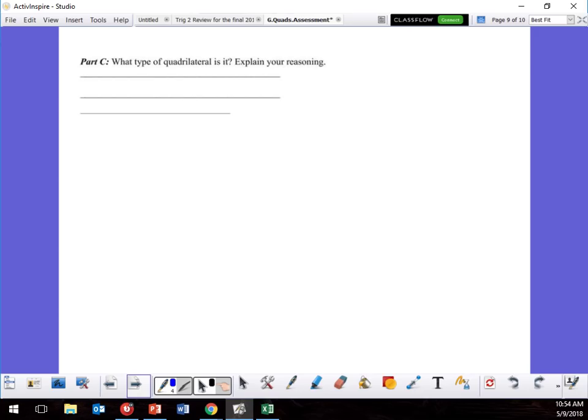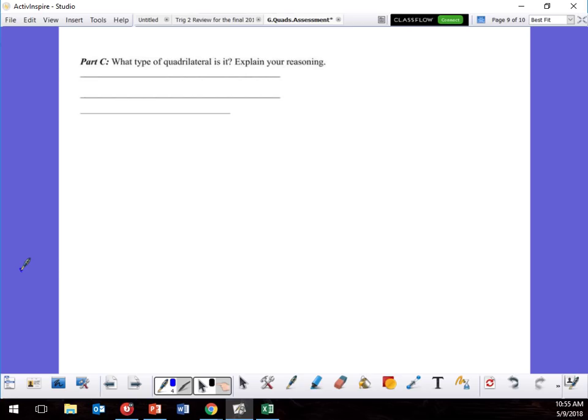We're going to start at the top of that flow chart and work our way down. Is this a quadrilateral? Yes. What makes it a quadrilateral, though? 4 sides. Does it have 4 sides? Yes. Okay, very good. So it is a quadrilateral.